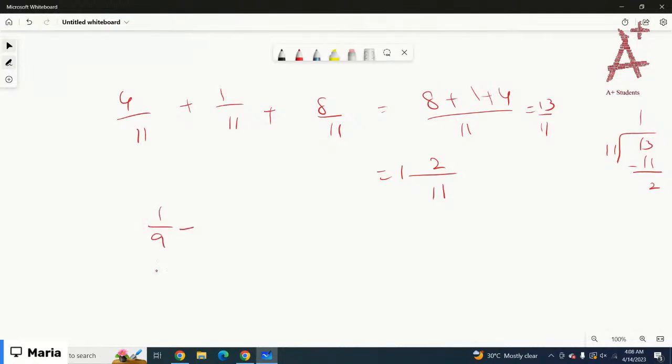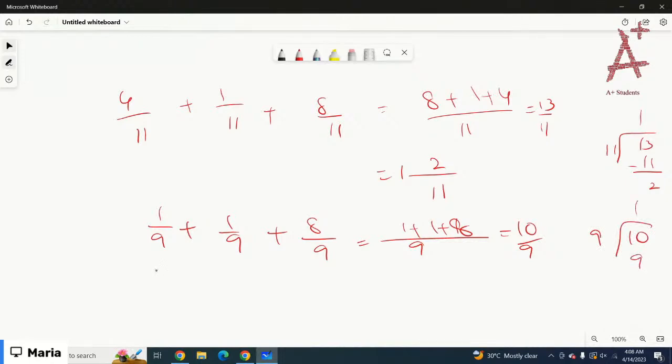1/9 plus 8/9 plus 1/9. They have like denominators, so just add their numerators. So it would be 10/9. Just divide 10 by 9. 9 times 1 is 9 and 10 minus 9 is 1.